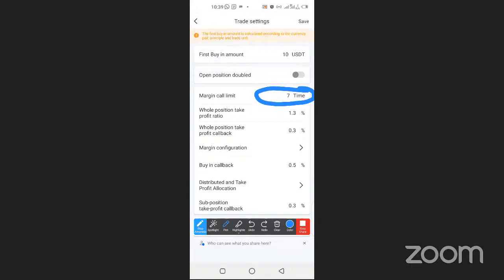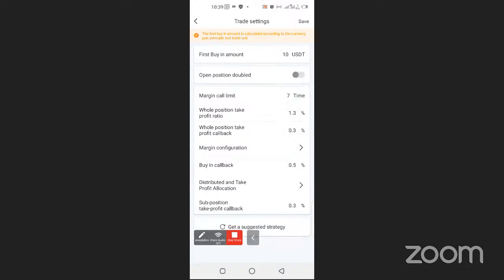Then it has what you call whole position take profit ratio. Then it has whole position take profit callback. Now, these two parameters are the ones that determine the percentage of your profit when the market moves up. How?